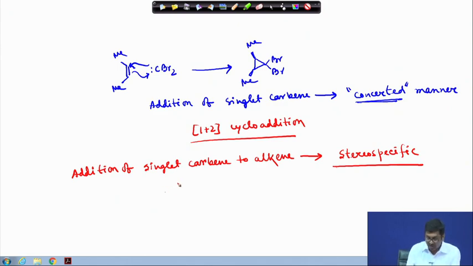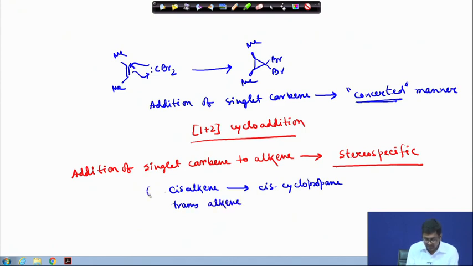Okay. So, we can write from there that the cis alkene will give this cis cyclopropane, whereas the trans alkene, here you can write Z and E, Z means Zusammen and E means Entgegen, gives the trans cyclopropane.